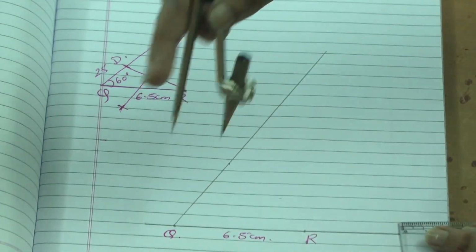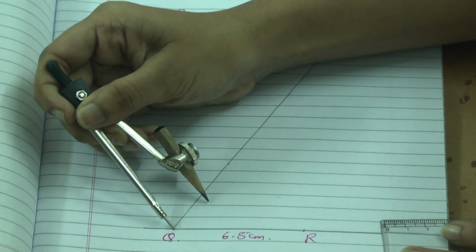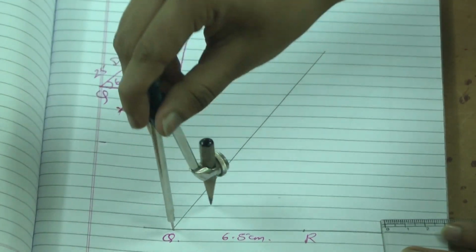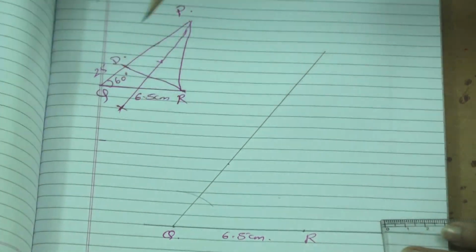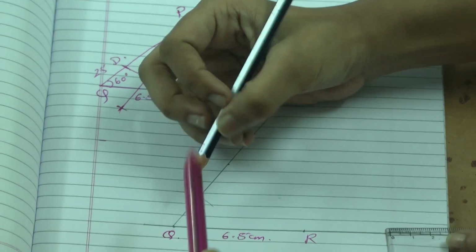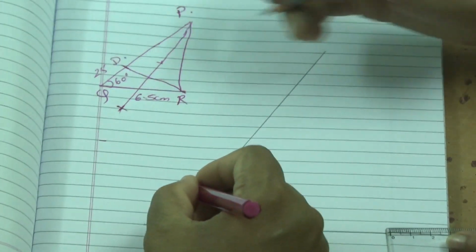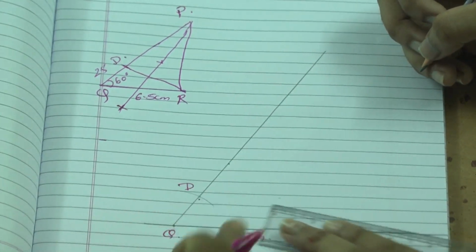Keep it at the point Q. Give an arc on the line. Join this intersecting point. Label it as D. Join D and R.